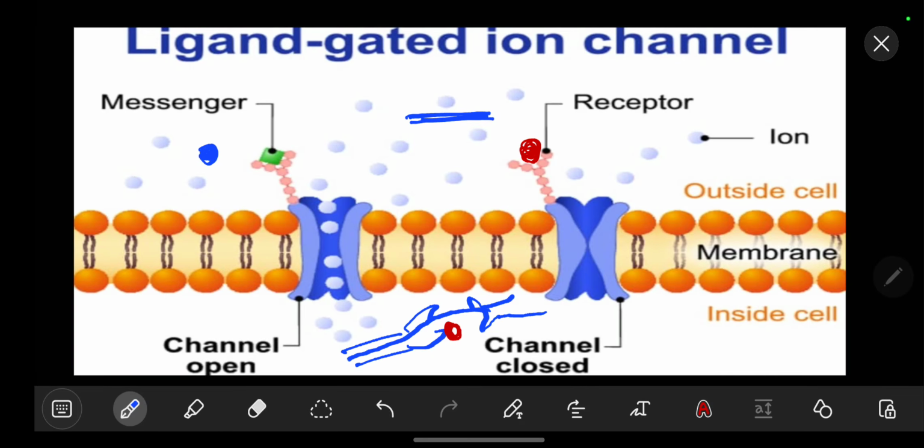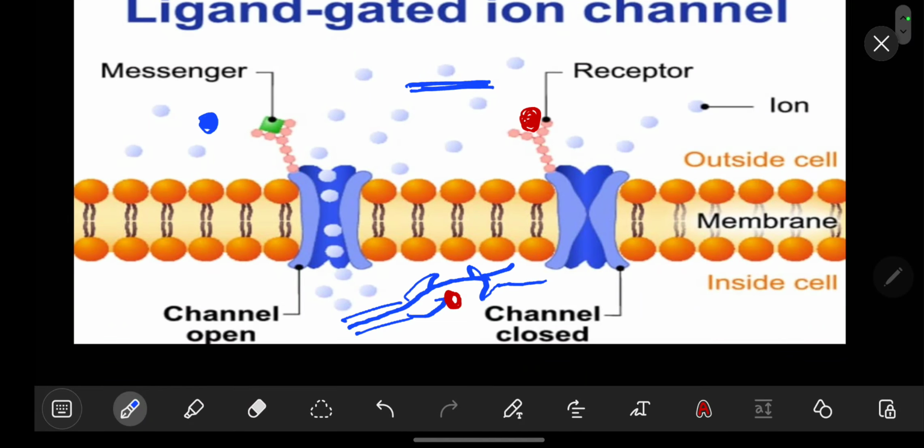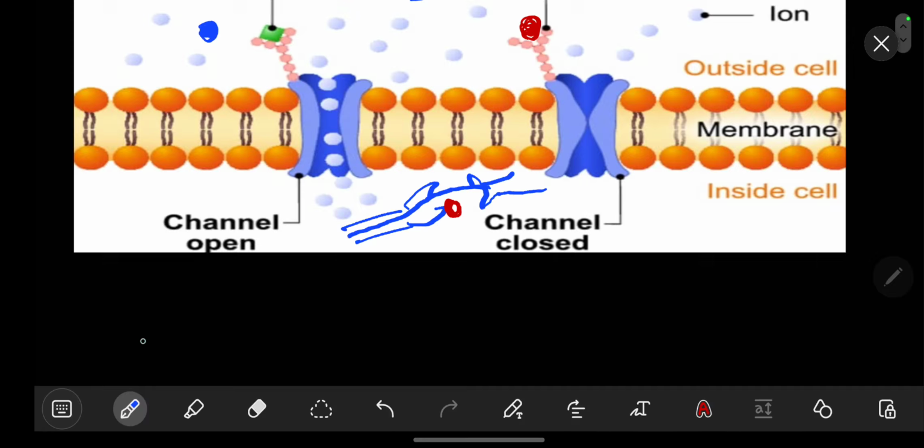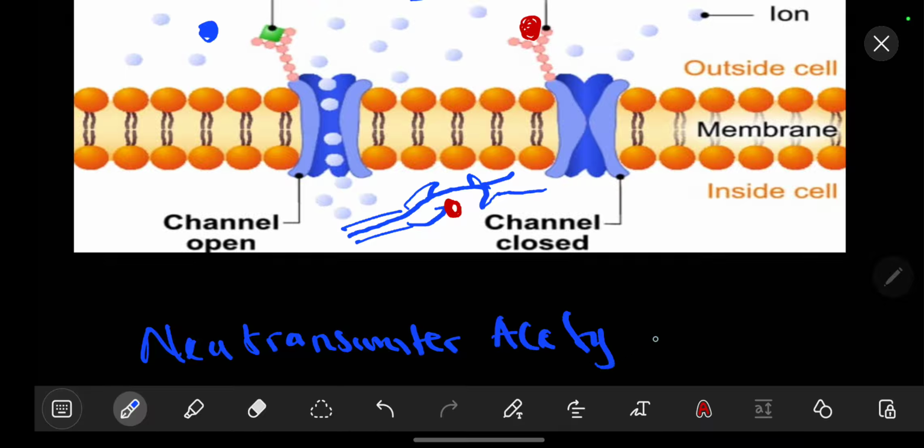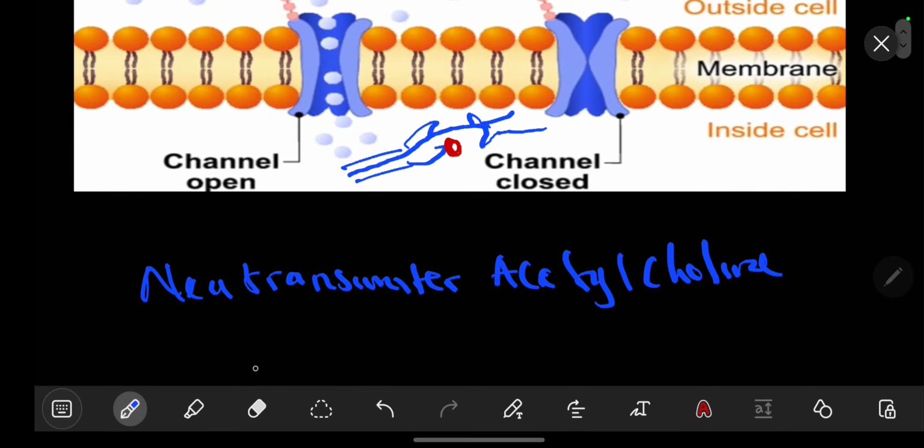Examples of ligands there are the neurotransmitters, such as acetylcholine, which is associated with the transmission of impulses, or dopamine.